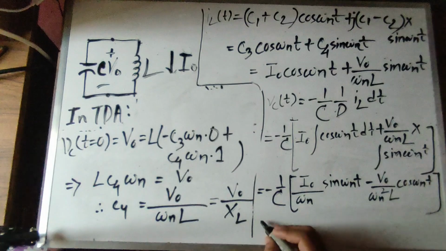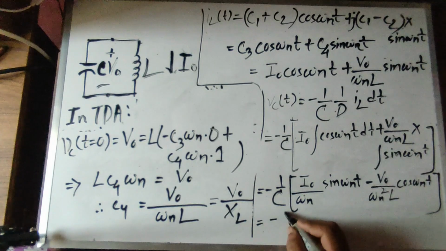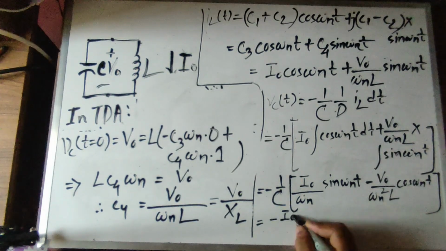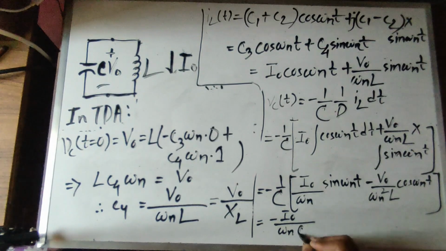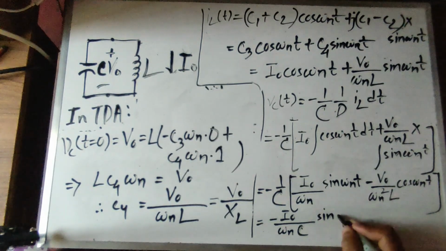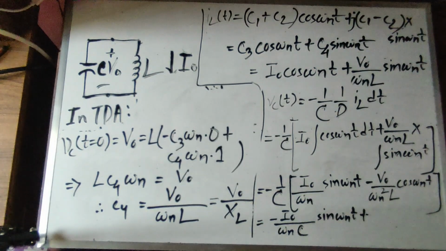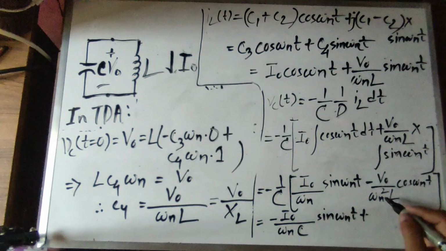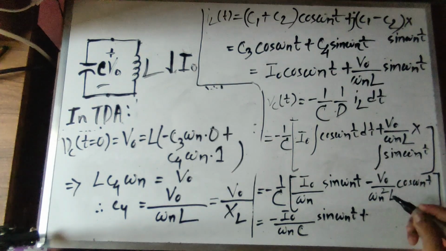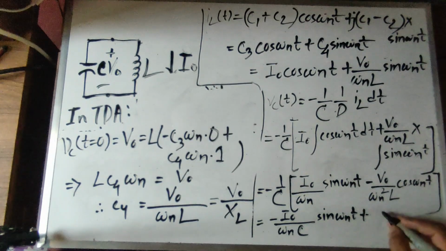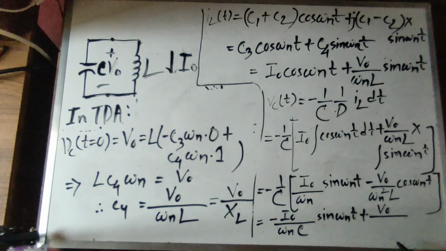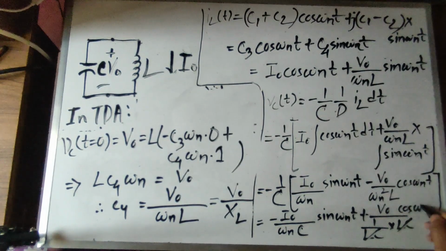So what will happen is minus I0 omega n C sin omega nt, minus and minus will be plus, and omega n square is 1 by LC, we know that, so V0 by 1 by LC cross LC, this will cut out, and cos omega nt.